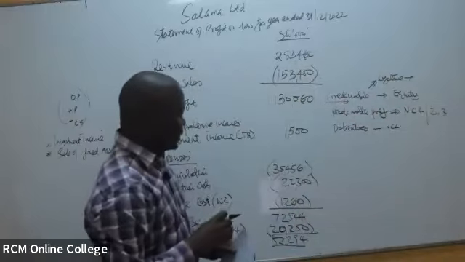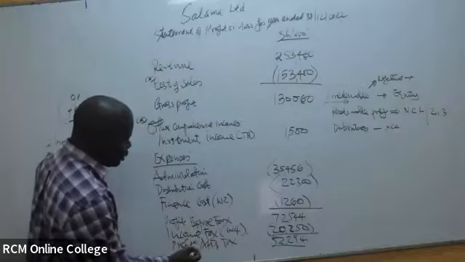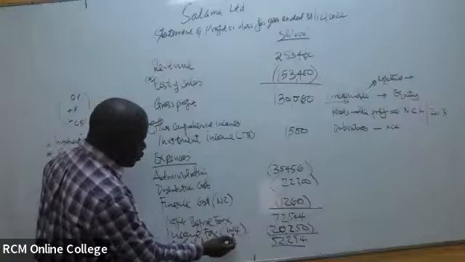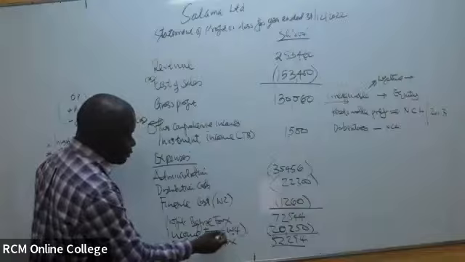I can see Andrew is asking about the income tax. Andrew, there is a computation we did for income tax under working number 4. Kindly confirm if you have that working or if you don't.